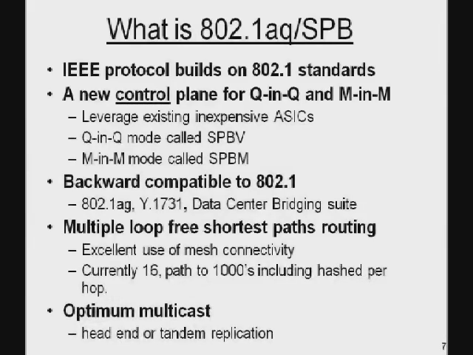So what is this 802.1AQ shortest path bridging protocol? It's essentially an IEEE 802.1 protocol which builds on top of all of the existing 802.1 standards, so we're not invalidating anything that already exists. It's essentially a new control plane designed to operate with the Q-in-Q and MAC-in-MAC data paths. This is very important because many of the existing ASICs out there that support Q-in-Q and MAC-in-MAC can operate 802.1AQ unchanged, so it's a very inexpensive option.